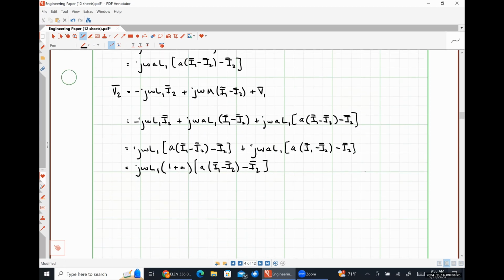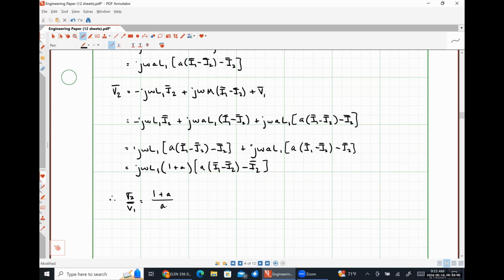So the ratio of V2 over V1 winds out being literally just 1 plus A over A.